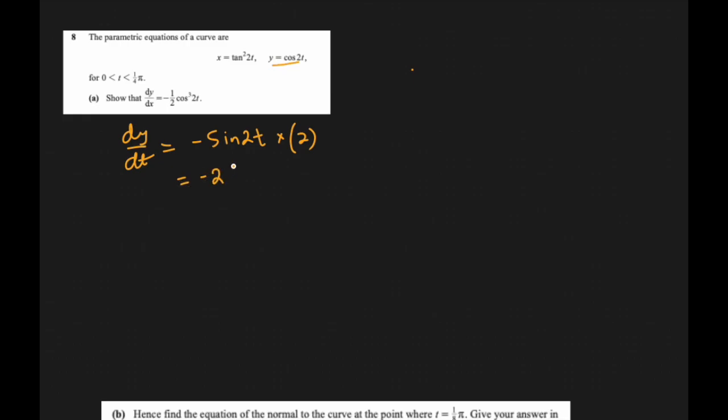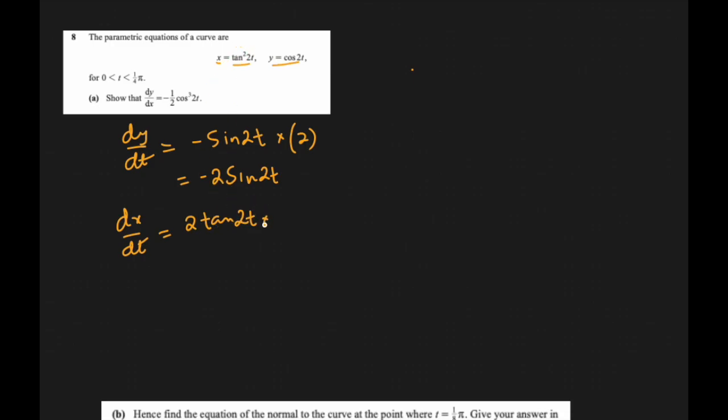So answer is minus 2 sine 2t. Okay, now we'll find dx over dt. That means we'll differentiate x with respect to t. First, this 2 will come in front for differentiation. 2 tan 2t, because the exponent goes down by 1, right? That's the normal one.